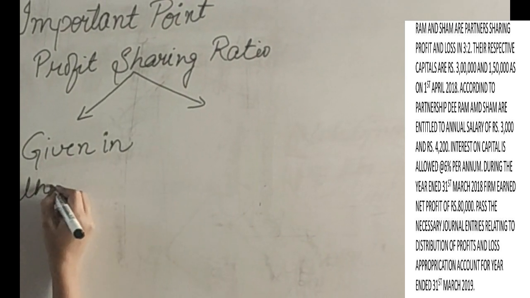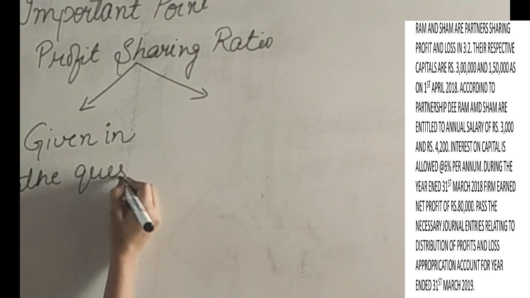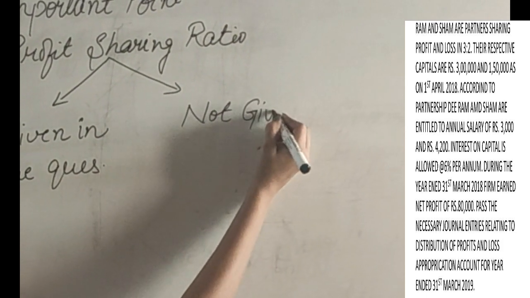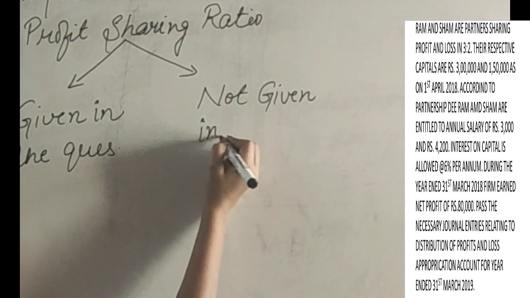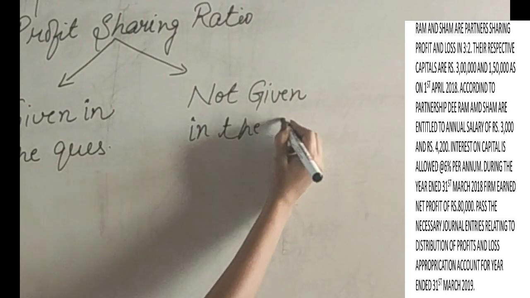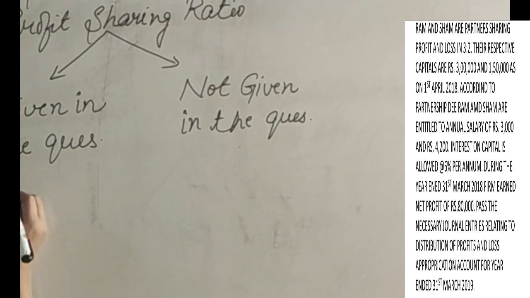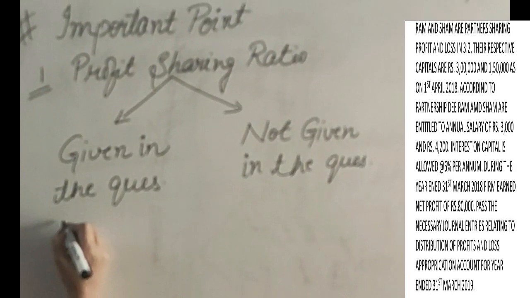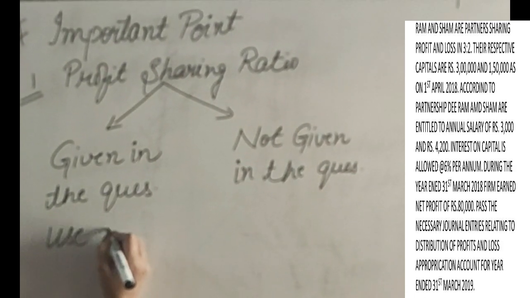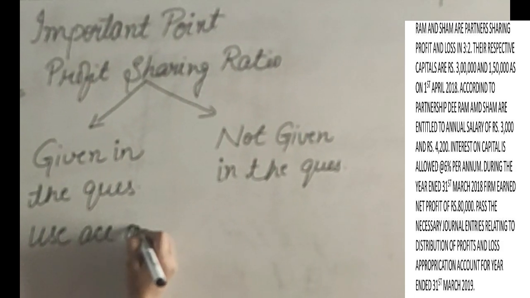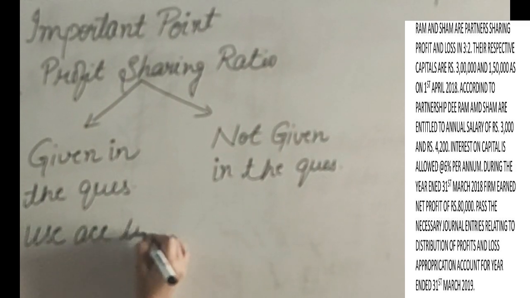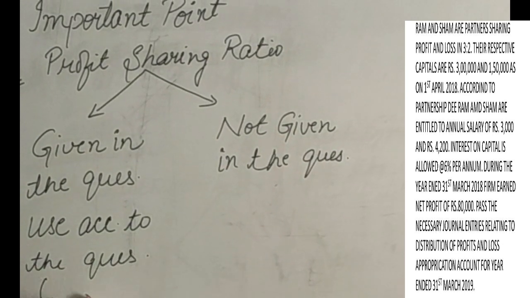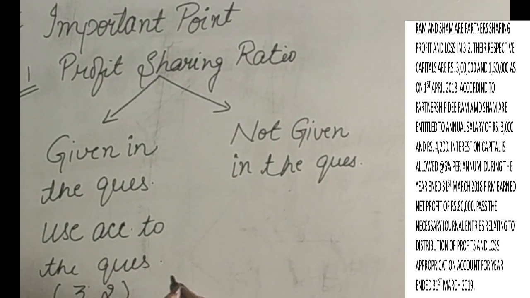If the profit sharing ratio is given in the question, then use it. You can see in the given question, the profit sharing ratio of Ram and Shyam is given as 3:2. In that case, we use the ratio according to the question.